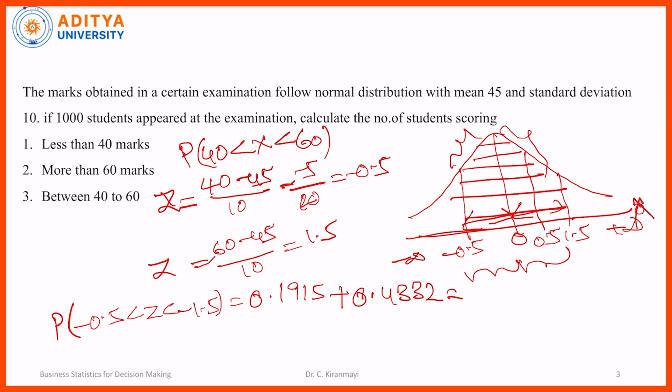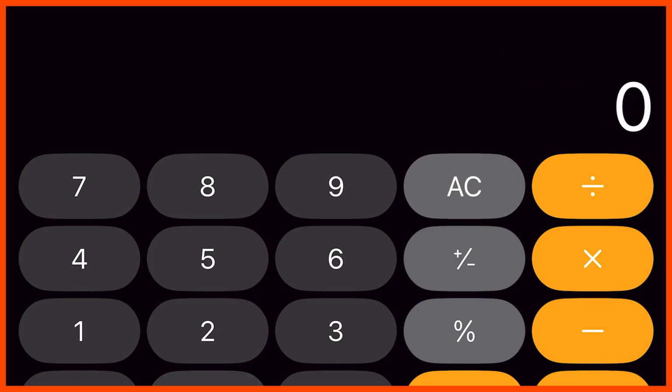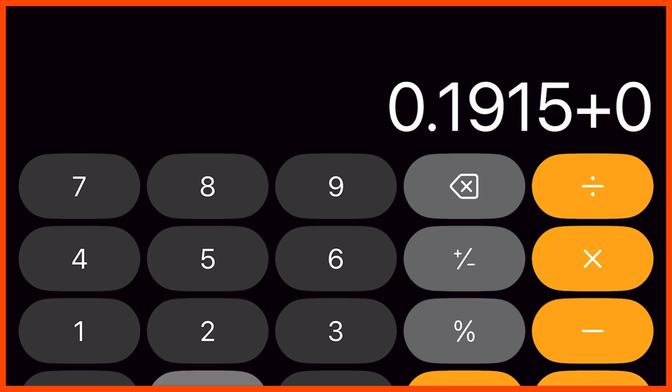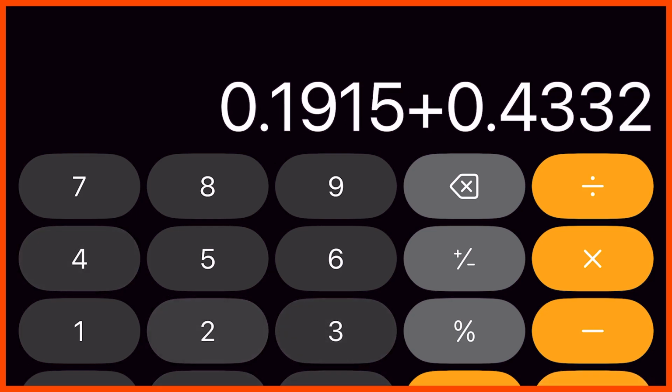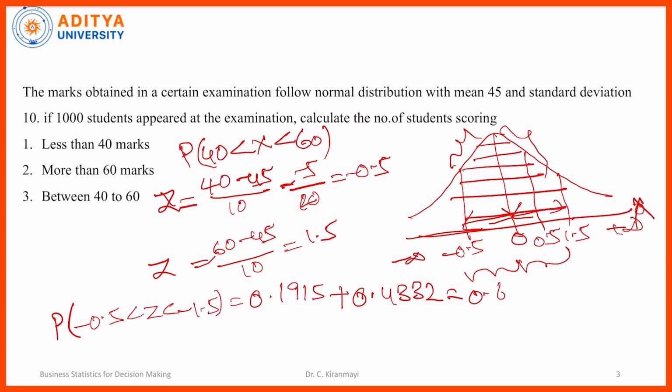Let us sum up these values. 0.1915 plus 0.4332 is 0.6247.